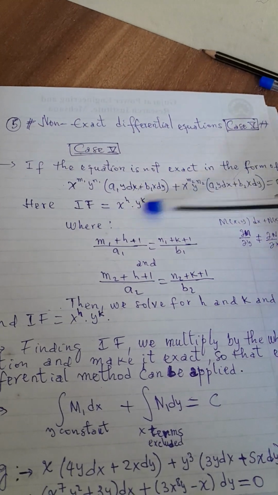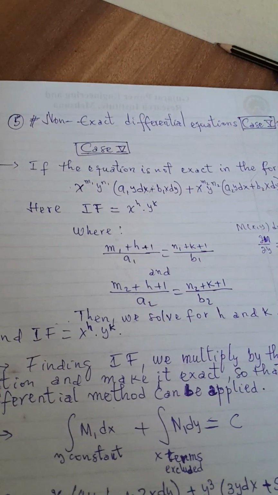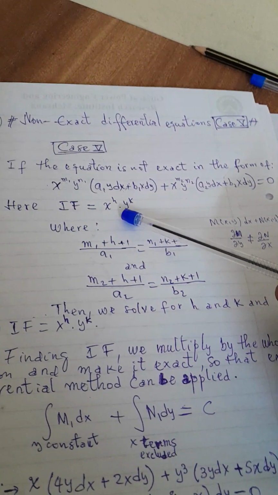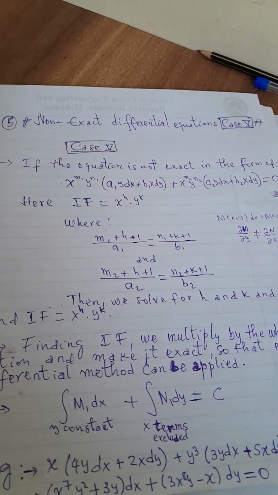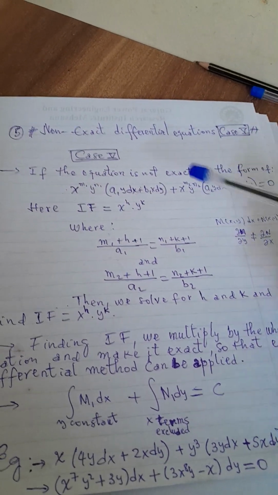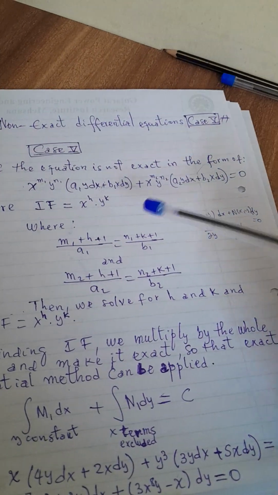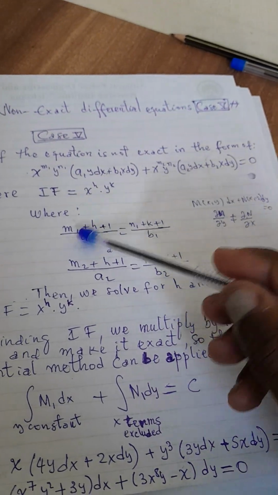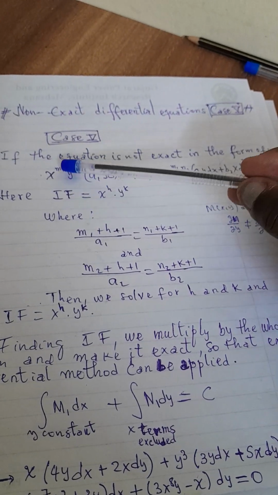If the equation is given in this form, we only have to do some basic calculation. The integrating factor will be x raised to h times y raised to k. So our problem is just to find what h is and what k is. You can easily find h and k by some very easy steps.